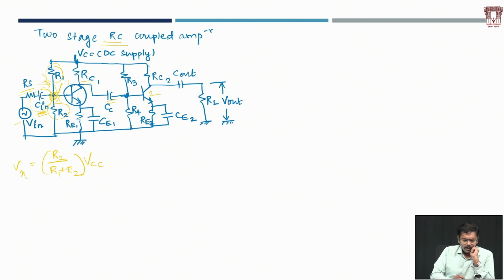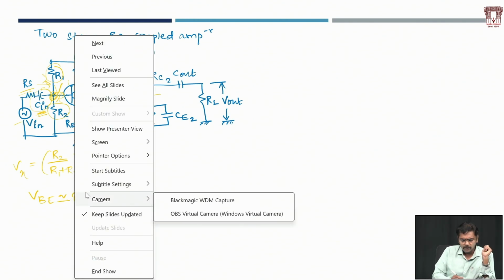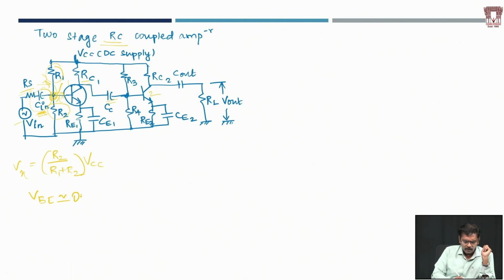Now, here we have the base and this is the emitter side. If I consider this a silicon transistor, the VBE value is going to be approximately 0.6 volts or so.